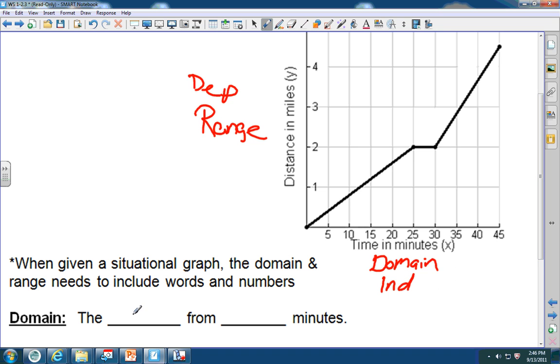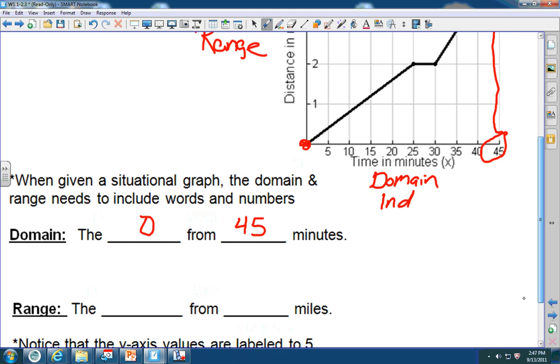Now the domain. The domain is the blank from blank minutes. Okay, so in this you're going from 0 all the way out here. Your data ends right here. And if I bring this all the way down, it goes from 0 to 45 minutes. Now you have your range.